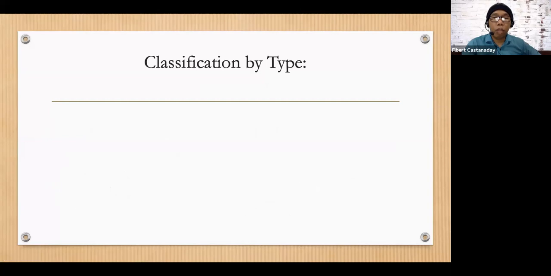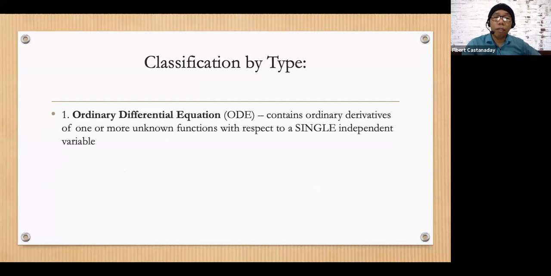Okay, so there are two types of differential equations. The first one is ordinary differential equation, or we call this ODE. It contains ordinary derivatives, so pwedeng of one or more unknown functions with respect to, take note, a single independent variable. So it has only one independent variable.